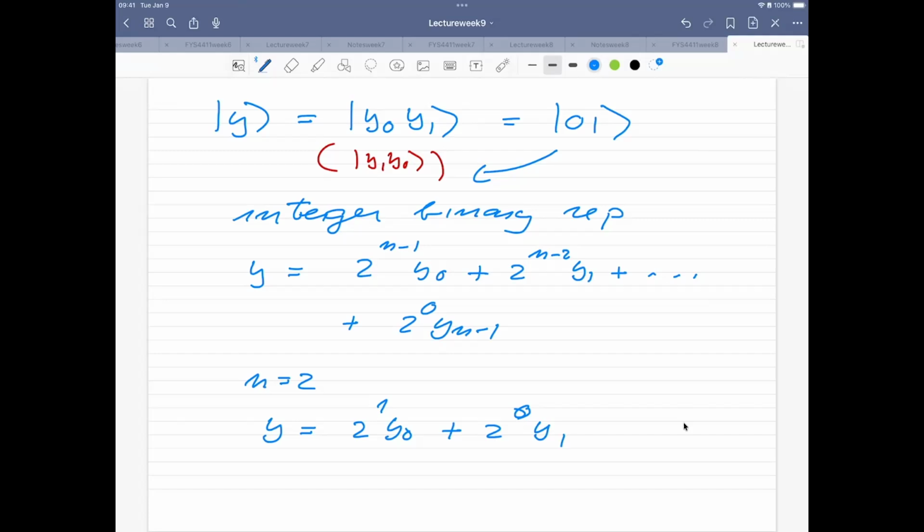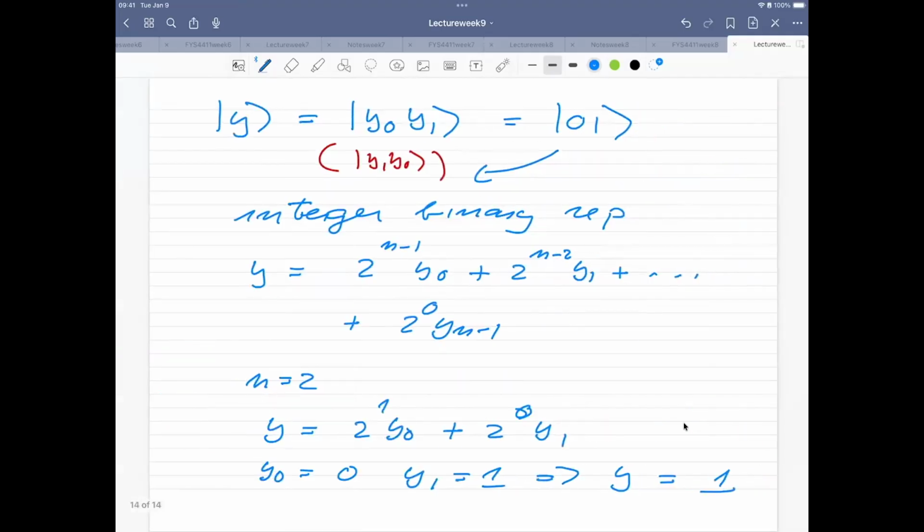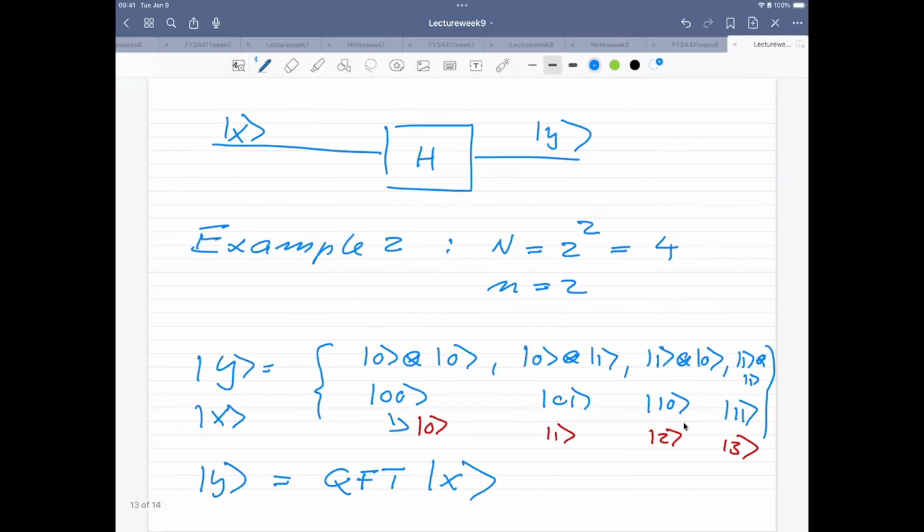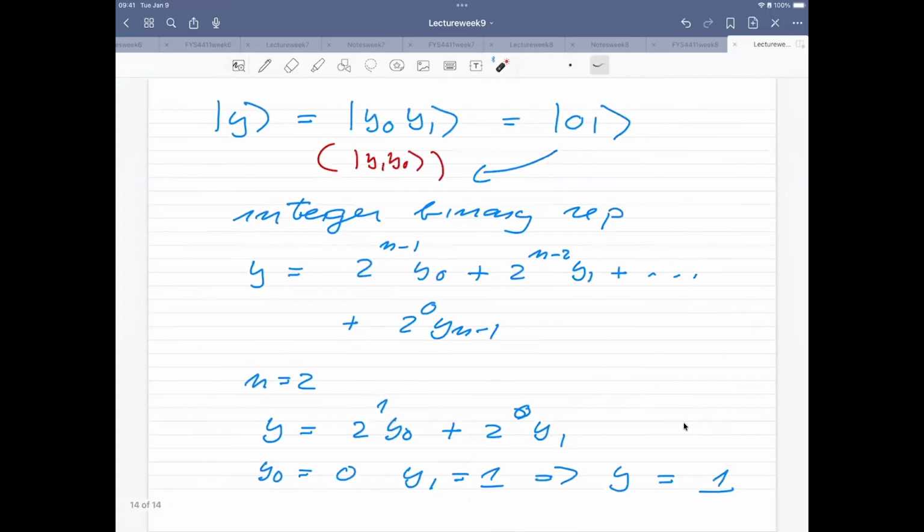So that means that if I now put y0 equal to 0 and y1 equal to 1, this y becomes equal to just 1. And this is the labeling which I put here. So I just call this 0, 1 for state number 1. If I have 0, 0, then this just translates into 0 if I use this formula here.